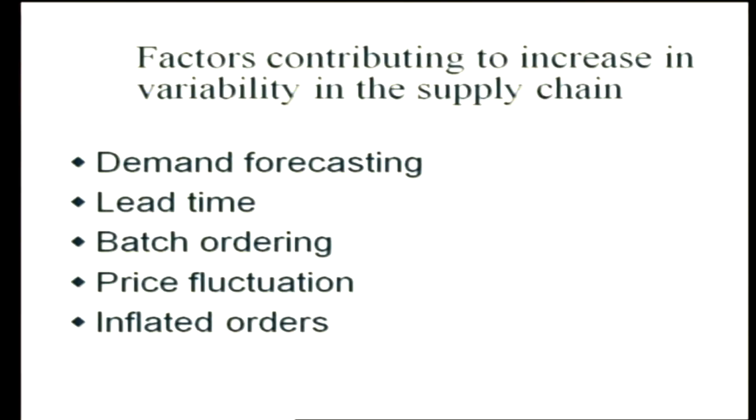When the price is low, the company will try to purchase more. When the price is high, they will be reluctant to buy. That is called price fluctuation, and that is also a major factor for the increase in the bullwhip effect. The fifth one is inflated order.